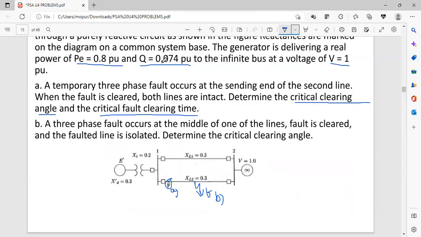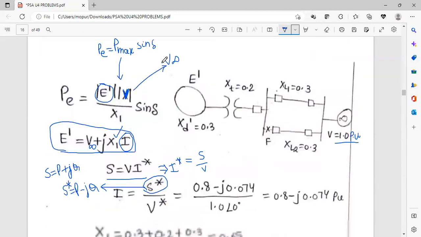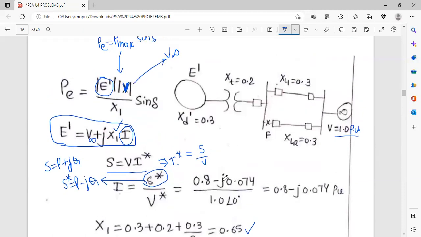P is 0.8, Q is 0.074. So 0.8 minus J 0.074 divided by V conjugate. V conjugate is 1 at an angle 0, so plus or minus 0 has no effect. So that is 0.8 minus J 0.074.